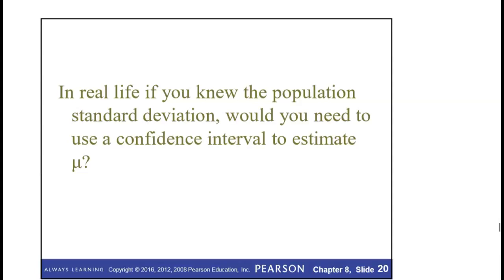Because to get the population standard deviation, a vital part of that is knowing your population mean. So in real life, normally we would not use our z-statistic unless we had very large samples, and we'll see that in a second.